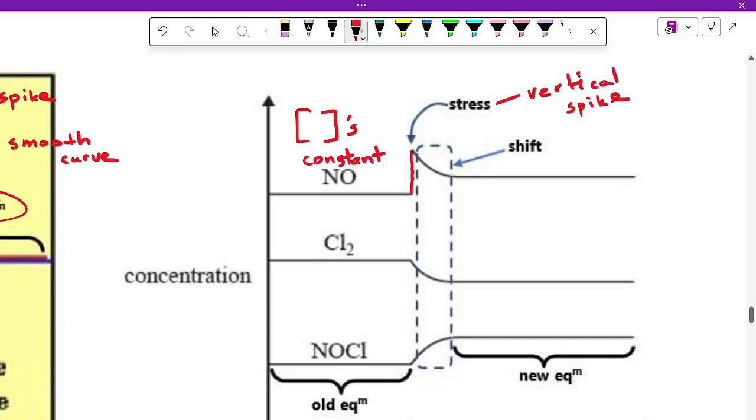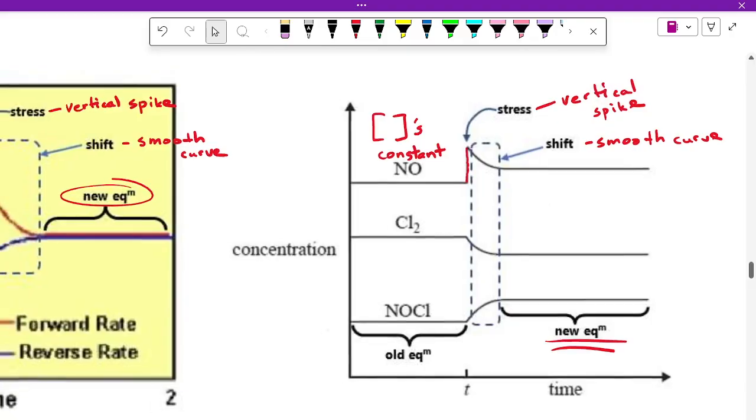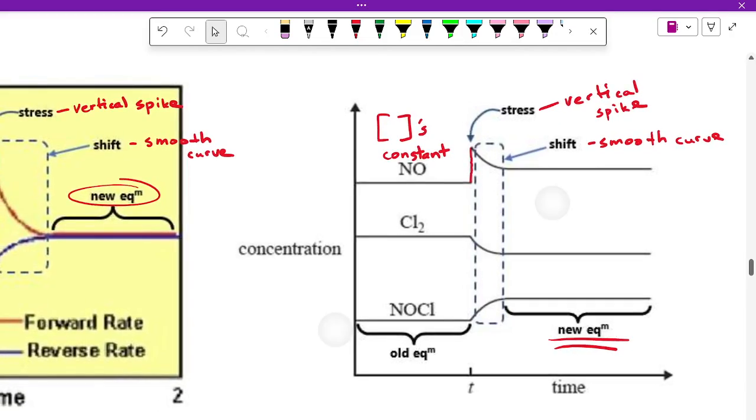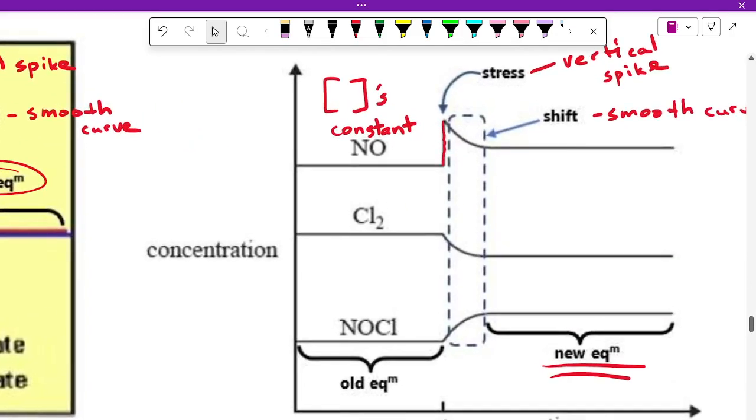And then we have our shift, which is a smooth curve. And then we have flat again, which is, of course, our new equilibrium. So those are the general features that you should see on each curve. And remember, the curve is always going to be steep, shallow, flat.